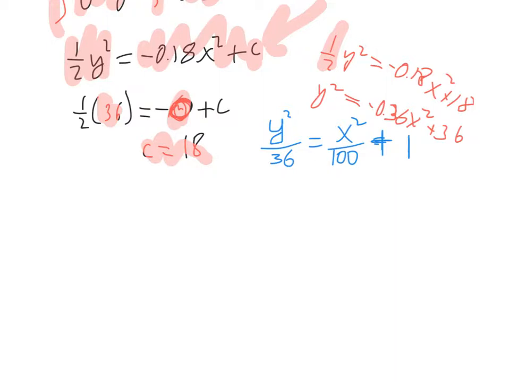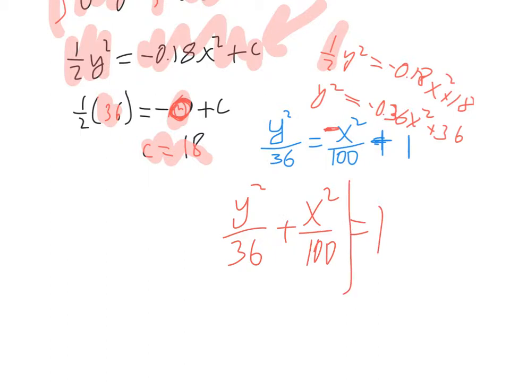Let me just fix that real quick. That's a negative I didn't carry over. So that's negative x squared over 100. So when I carry to the other side, I get y squared over 36 plus x squared over 100 equaling 1. That right there is an ellipse that tends to stretch more horizontally than it does vertically because the bottom number is bigger. Alrighty, that is it.